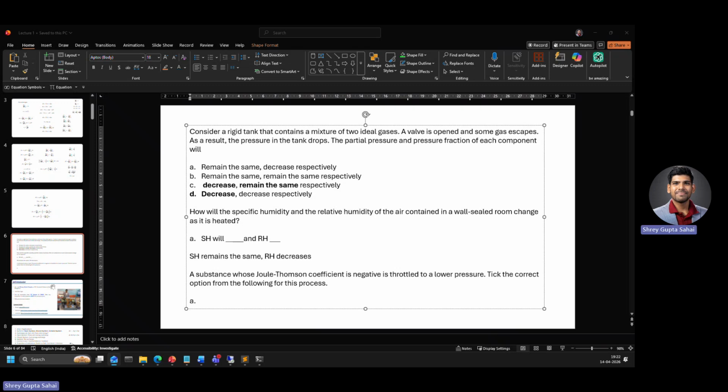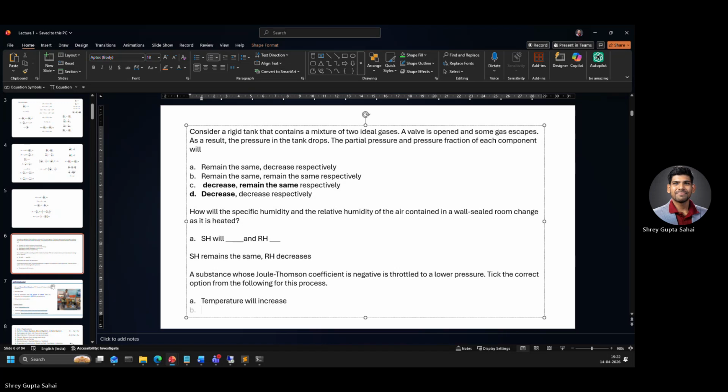Your options are: temperature will increase or decrease, and then two options. The other two options are entropy remains constant or decreases.